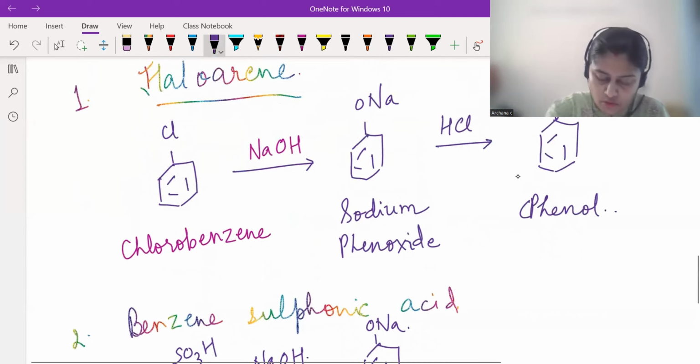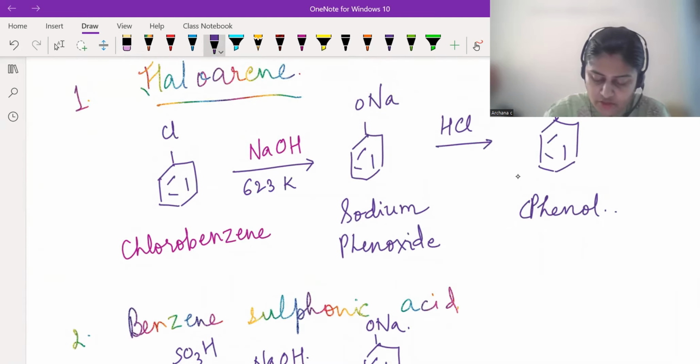Over here also, this procedure happens at 623 Kelvin and at 300 atmosphere.